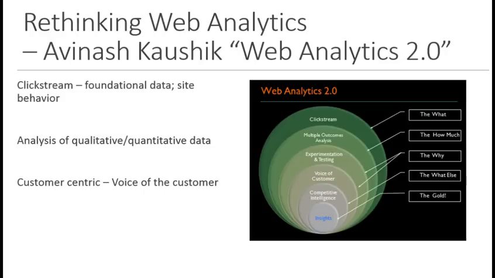In terms of Web Analytics 2.0, it leans heavily on the customer, the voice of the customer, and being customer centric, because that really determines the why, what else you can get in terms of competitive intelligence and data, and what type of insights would define the success measurements or a value.